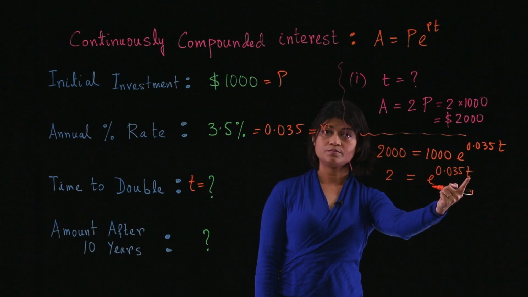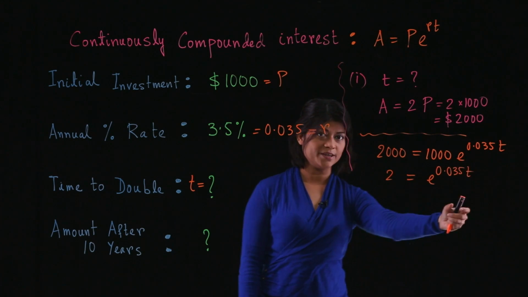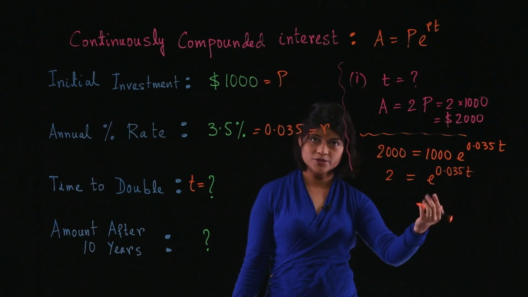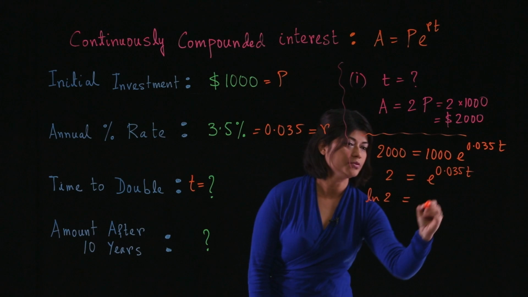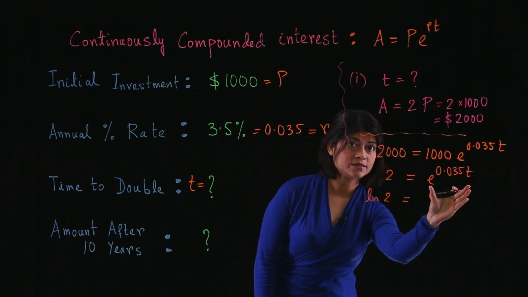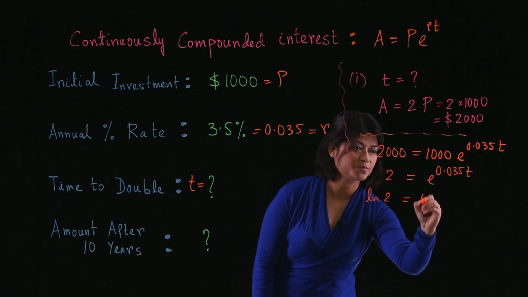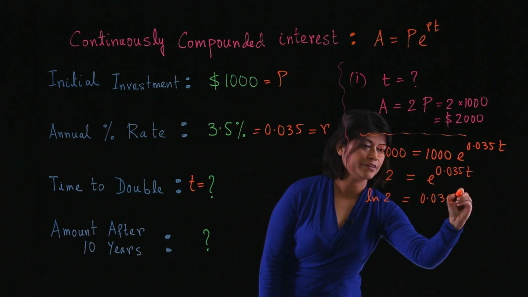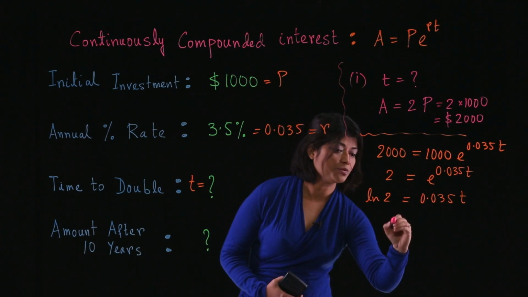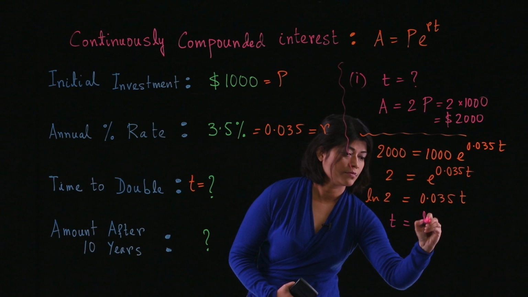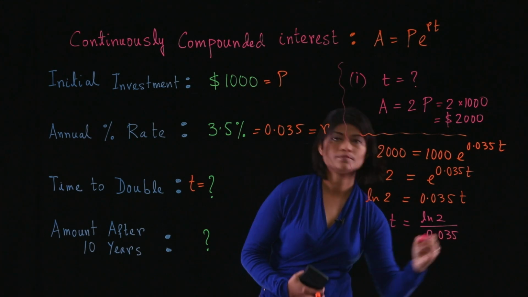Next, we have to solve for t, remember? So how do we bring down this variable? Just take natural log of both sides. So natural log of 2 will be equal to natural log of this entire expression, but natural log and e cancel each other. So it will just be 0.035 times t. And then t will be equal to natural log of 2 divided by 0.035.